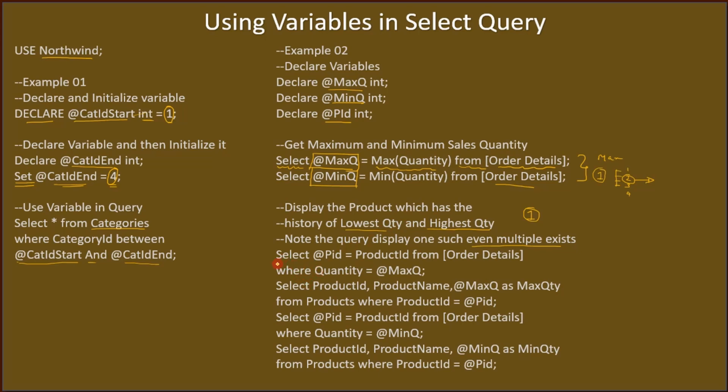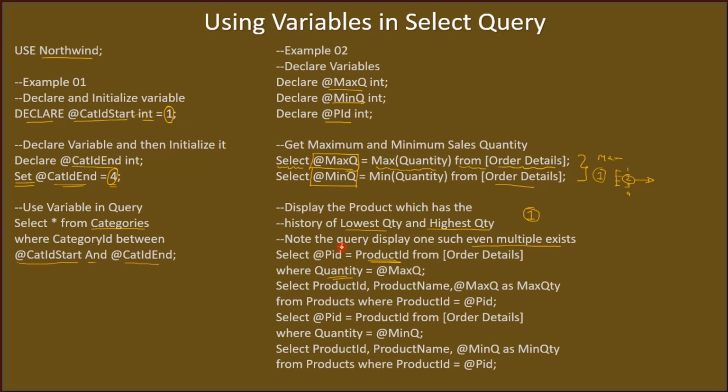So let's see what we are doing. Select @PID, we already declared that, equal to product ID from order detail. So this is the column list. We are picking only the product ID from order details, where quantity equal to whatever we already calculated, the maximum quantity. So we are using that variable, where quantity equals whatever quantity we are getting here.